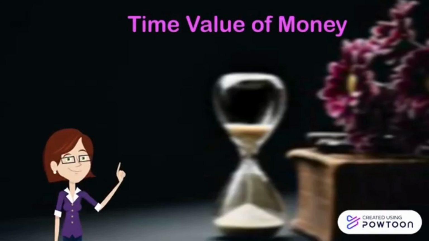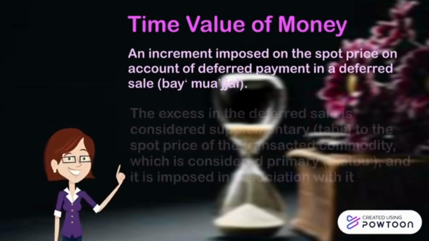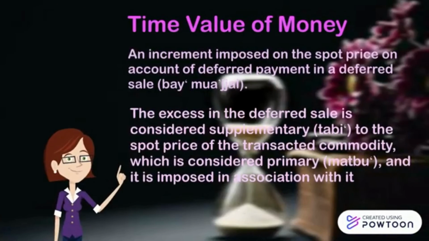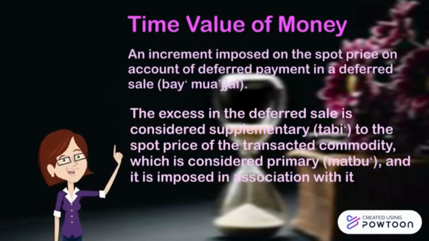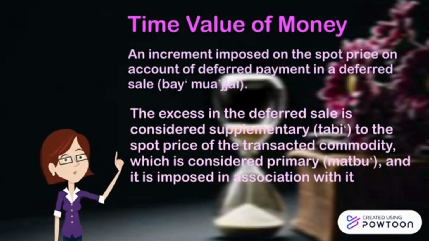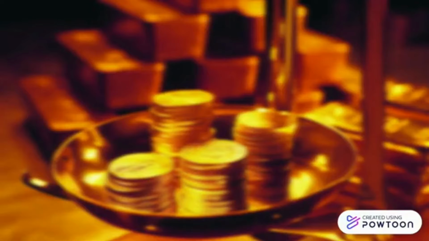The application of auxiliary in time value of money, an increment imposed on the spot price on account of deferred payment in a deferred sale by mu'ajjal. The excess in the deferred sale is considered supplementary tabi' to the spot price of the transacted commodity, which is considered primary matbu', and it is imposed in association with it.